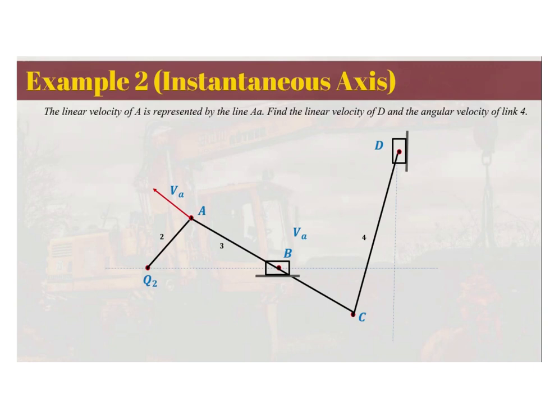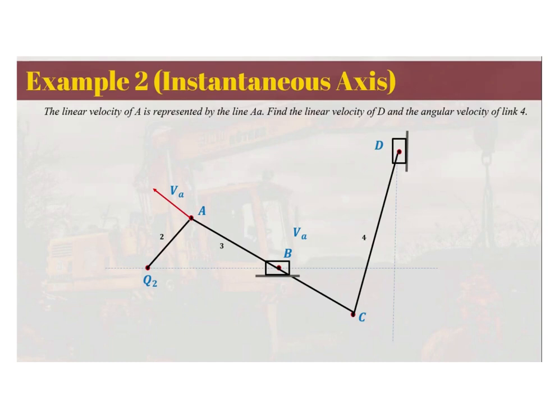Since we are looking for the velocity of D, and D is connected to C, and C is connected to A, the best thing to do is to find first the velocity of C, and then finally find the velocity of D using the instantaneous axis.